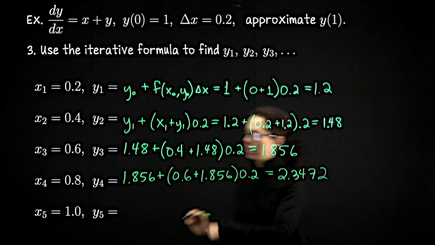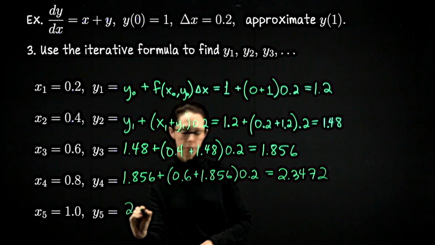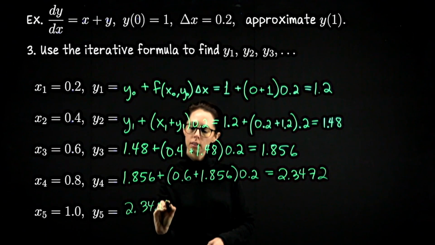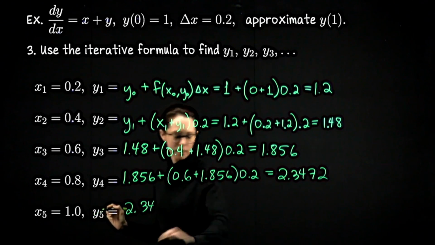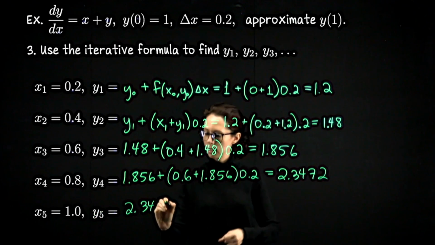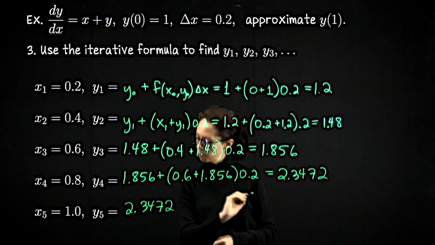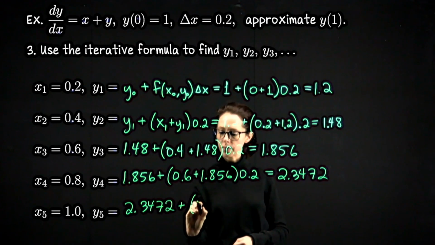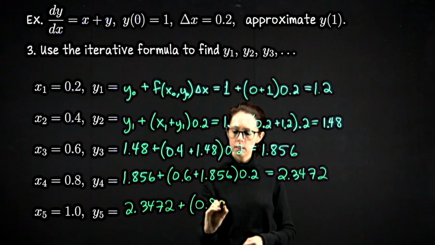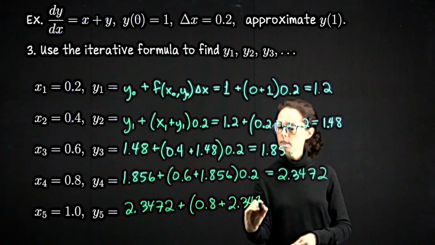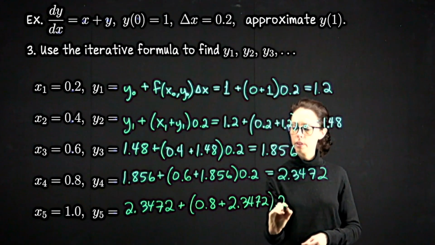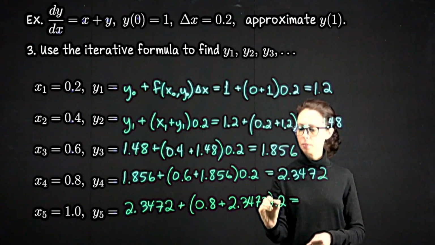And then this number goes right into the next line, 2.3472. Ugh, won't make a mistake, because again, mistakes just pile up. So here we go. Plus the previous x value of 0.8 plus this one, 2.3472 times 0.2, getting us to what I claimed.